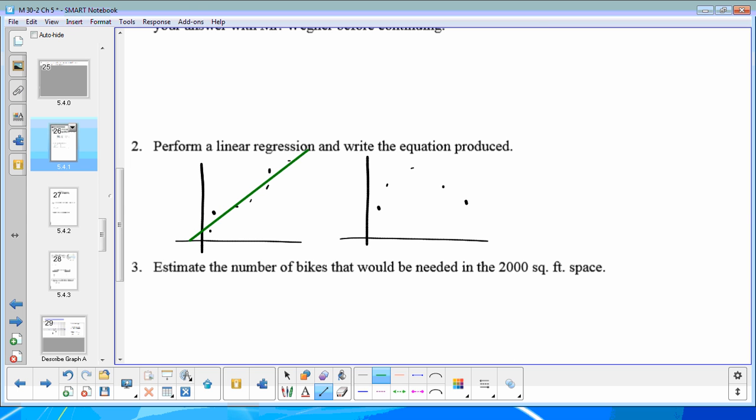But we could also say, what if I had a curve that went like this? Would that be a better approximation? It probably would be, and in this case, it would be cubic. And so that's where the r-squared value comes in really helpful. You can try a linear regression, try a cubic regression, and see what gives you a better r-squared value. But we'll get into that more tomorrow.